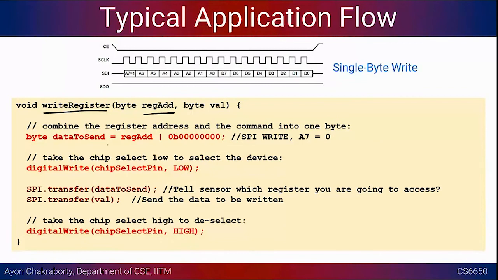So there is a data to send that you start with, and the data to send basically has one address component, and then it instructs the particular device whether you want to perform a read operation or a write operation. So this particular bit could be 1 or 0 depending on the sensor's implementation.